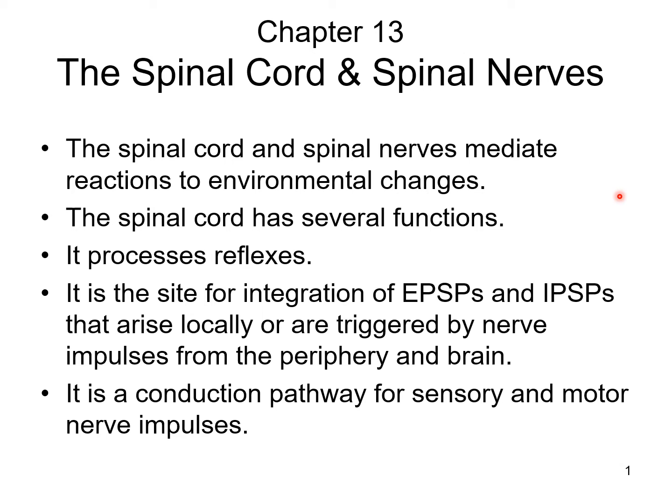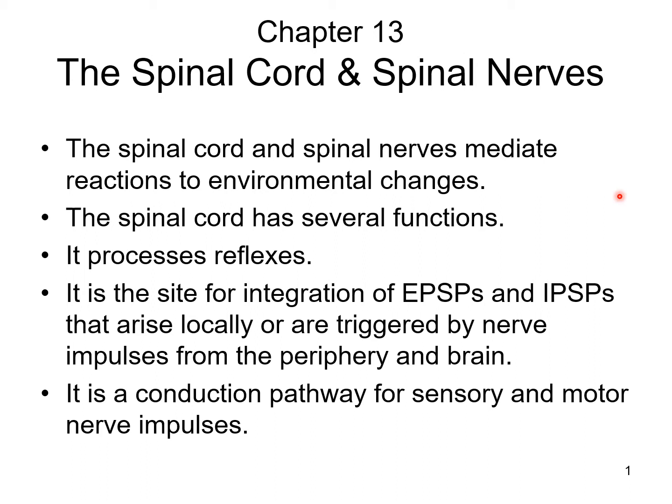And so we are looking at first the integrating gross anatomical structures that allow the spinal cord to act as an integrating organ in our nervous system. In the last part of this chapter, we will be looking at physiological actions, just how this integration is carried out by the spinal cord.